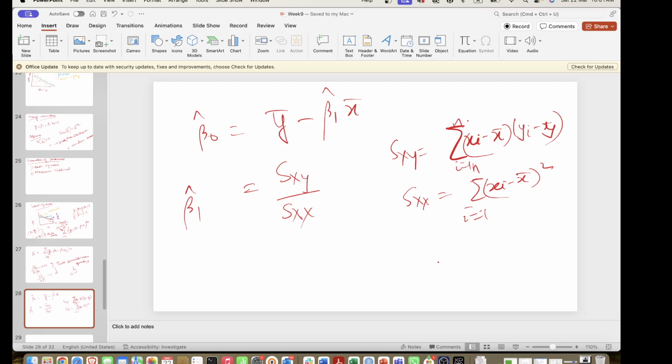And x bar is 1 by n summation i equal to 1 to n xi, and y bar is the same thing with yi.